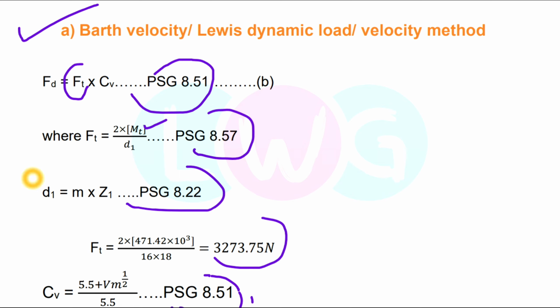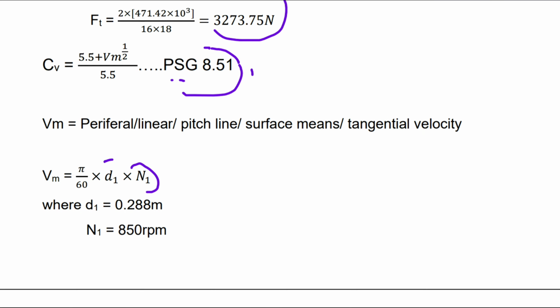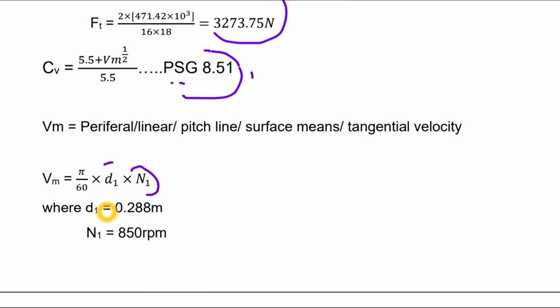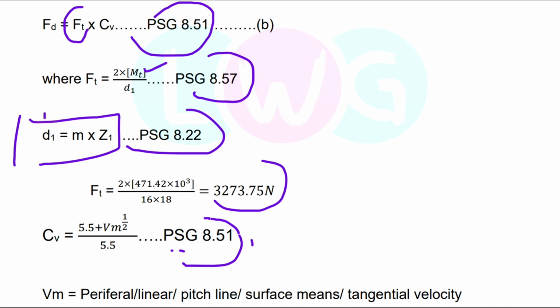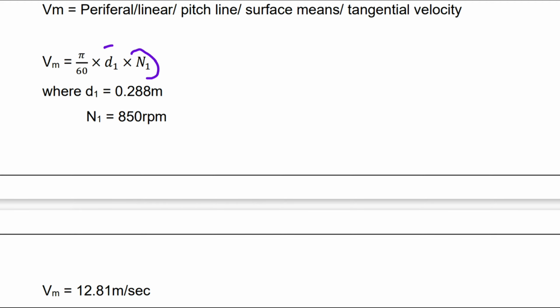Put the values and find d1. The answer will come in mm, so convert it into meter. D1 will be 0.228 meter. After putting the value we get Vm is equal to 12.81 meter per second.